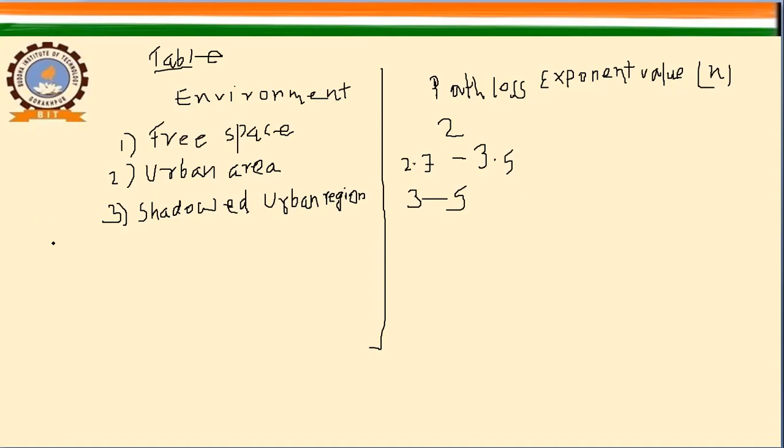Fourth is in-building line of sight. The value is 1.6 to 1.8.